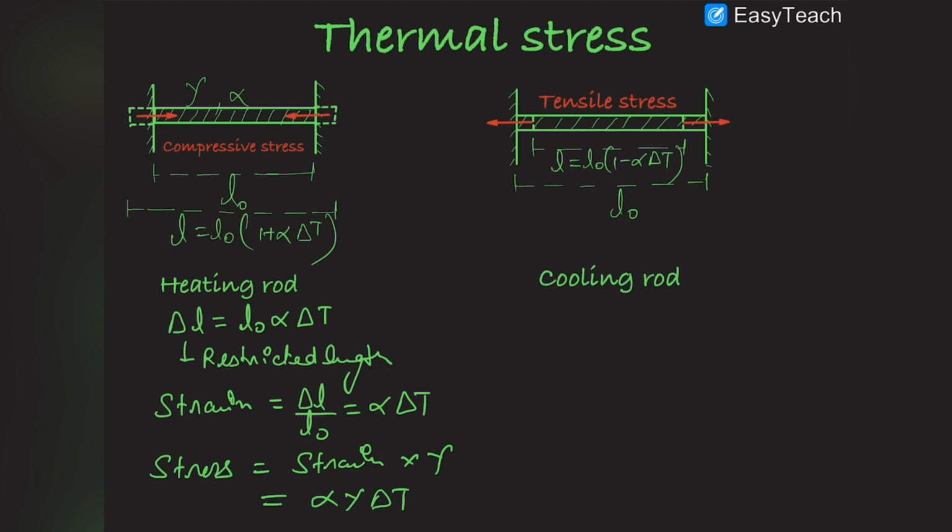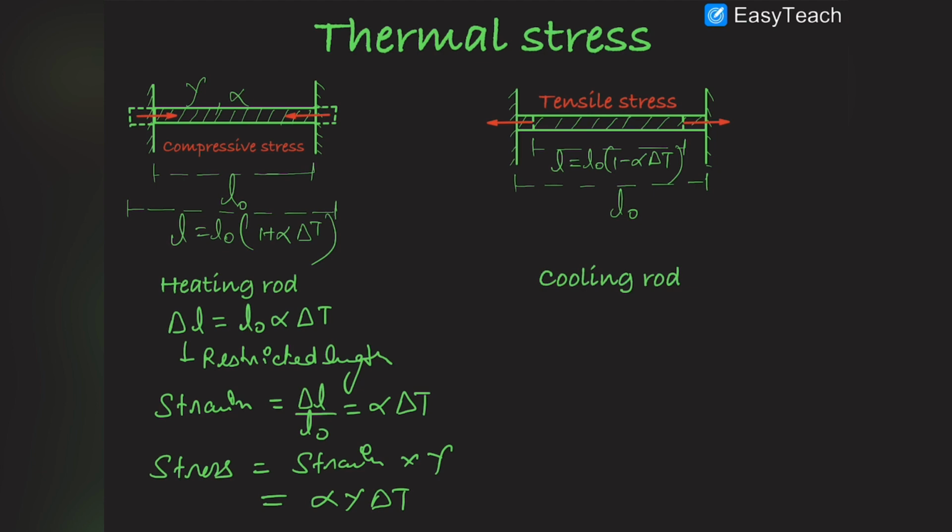Now you can see that if this rod was cooled from the initial temperature, then it would try to contract, and the walls would not allow the rod to contract. Therefore the walls are applying some pulling force on the rod, because the walls are restricting this rod from contracting.